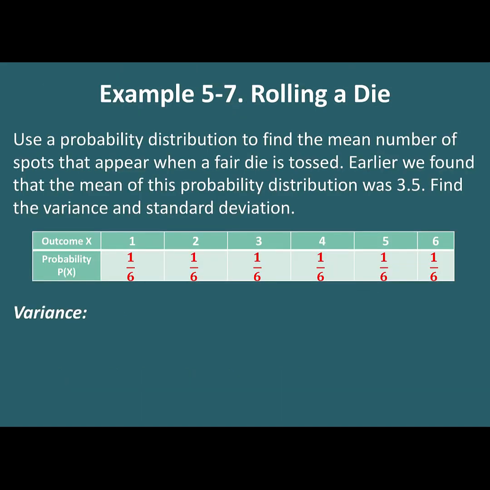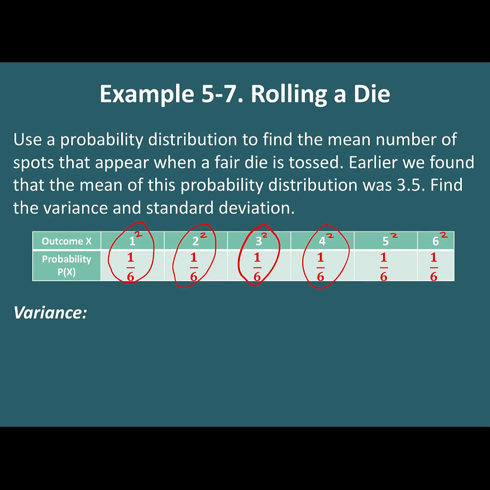Let's go back to rolling a dice. Use a probability distribution to find the mean number of spots that appear when a fair dice is tossed. Earlier, we found that the mean value of this probability distribution was 3.5. Let's go ahead now and find the variance and the standard deviation. Now once again, we simply take the outcome and we square each outcome. After you square each outcome, you then proceed to multiply by their respective probabilities.